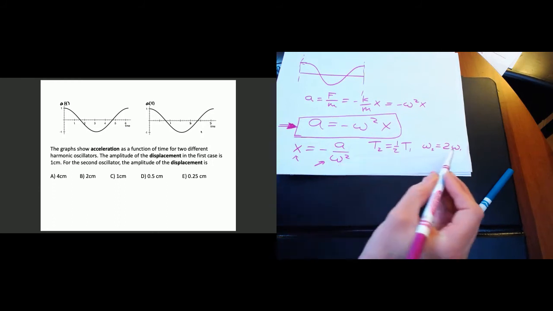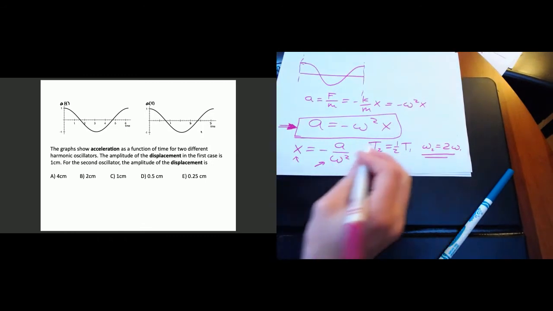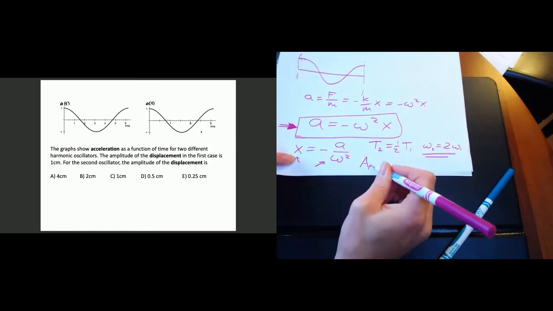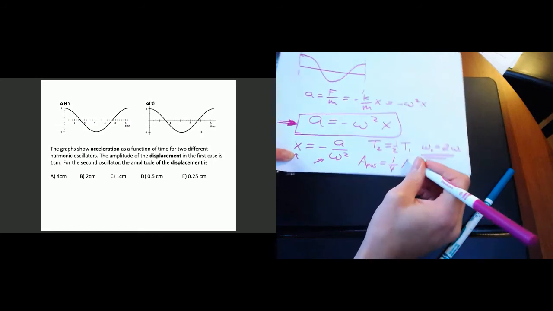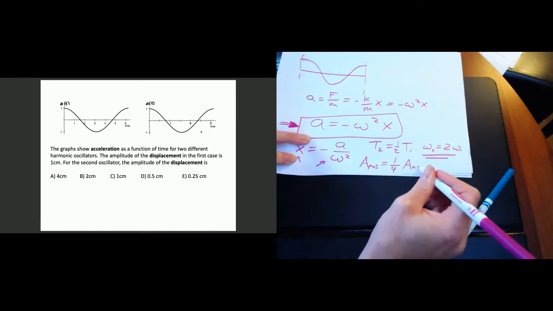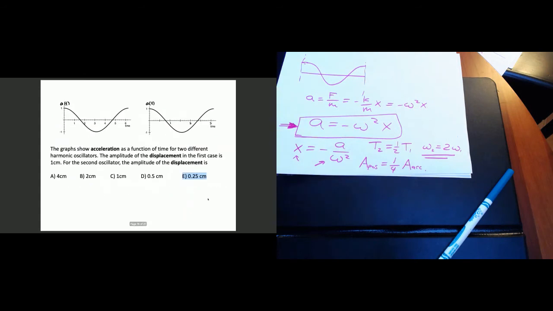Okay, and so because the second one has twice the omega, then the amplitude for position is going to be 1/4 the amplitude for acceleration in these units. Okay. And so if the amplitude for the displacement in the first case is 1 centimeter, then what we would conclude is that the amplitude for the displacement in the second case must be 1/4 of a centimeter.